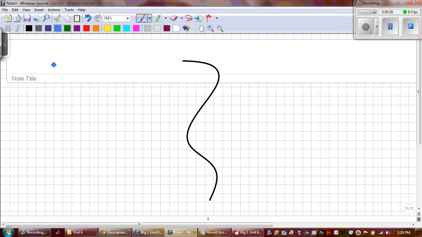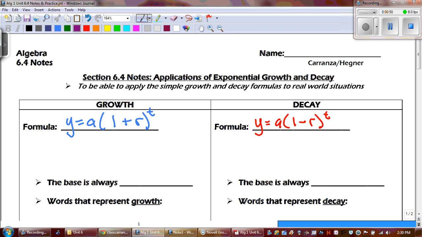So remember that y equals a times (1 plus r) to the t, okay? So this is for growth. Well, let's talk about what those letters mean real quick. I'm getting ahead of myself. So for this, the a equals the starting amount, what you start with.